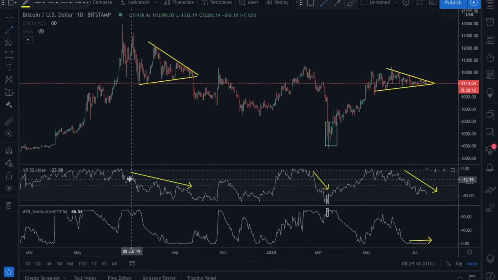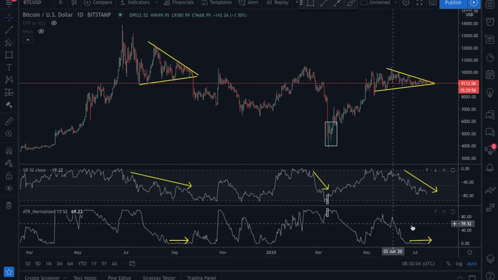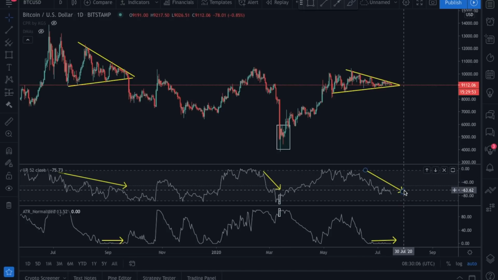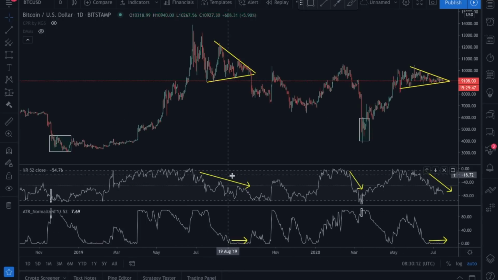You can see when the trend was heading to the downside, the ATR was also completely flattened around this area. So this downtrend here, this Williams percentage indicating the trend is heading towards the oversold area, and we also have the ATR normalized completely flattened around this area. So what this usually leads to, in this case, is a price correction.